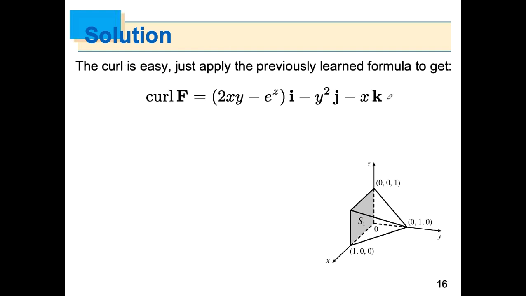Now the curl is easy. Just simply apply the previously learned formula, and I would invite you to pause the video, go back to, again, hopefully you wrote down the vector field. Please compute the curl and verify that this is true here. You should agree, hopefully.